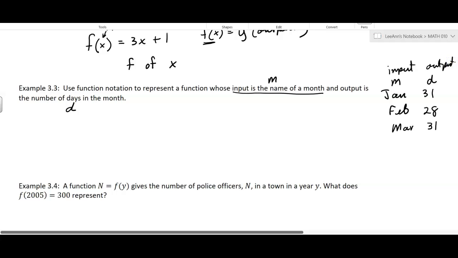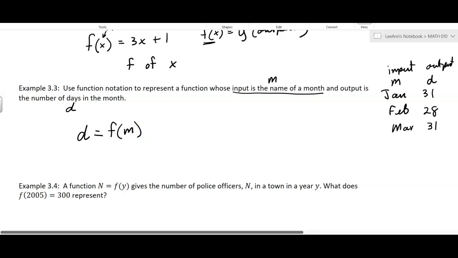So it's going to be d of m, that's the output. Oops, I'm sorry. I'm going to just erase that. We're just going to say d is equal to the function of m, okay?